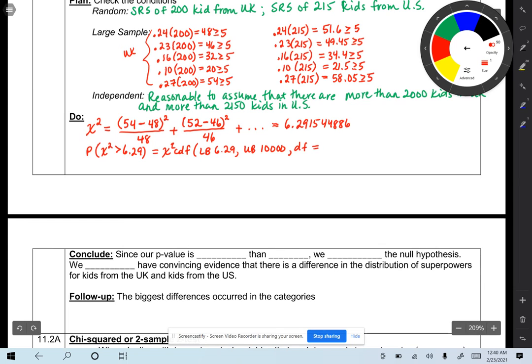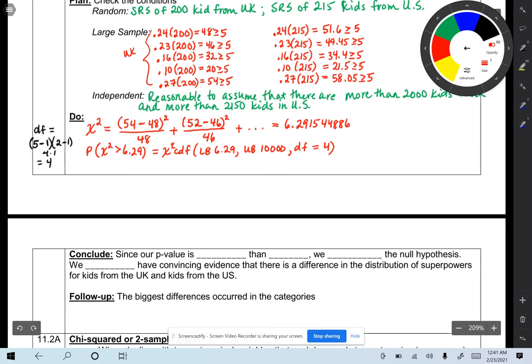For degrees of freedom, we have 5 responses. We have fly, freeze time, invisibility, super strength, telepathy. So subtract 1. So that's what I meant by column minus 1. Times the row, we have UK and US. So that's 2 minus 1. So that's 4 times 1, which is just 4. So your degrees of freedom is 4.